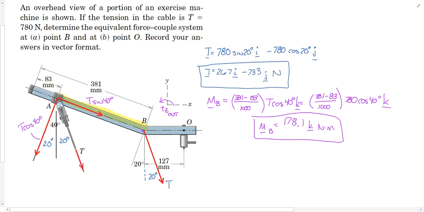Our moment is in the positive k direction, the way we've done this. So this is our moment around B. So that is the force couple system at point B.